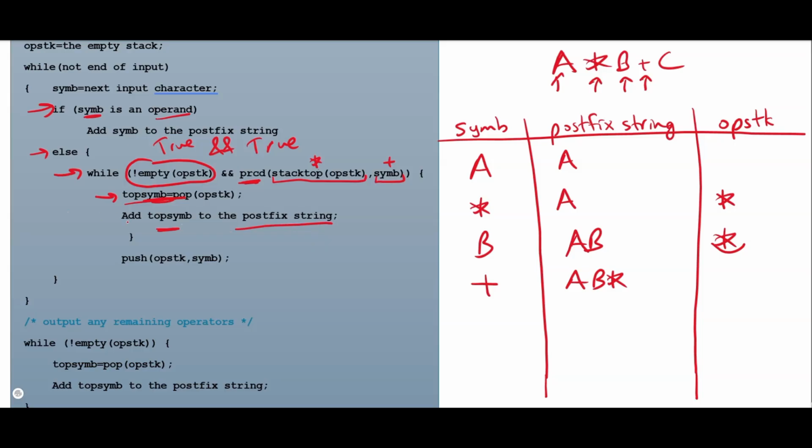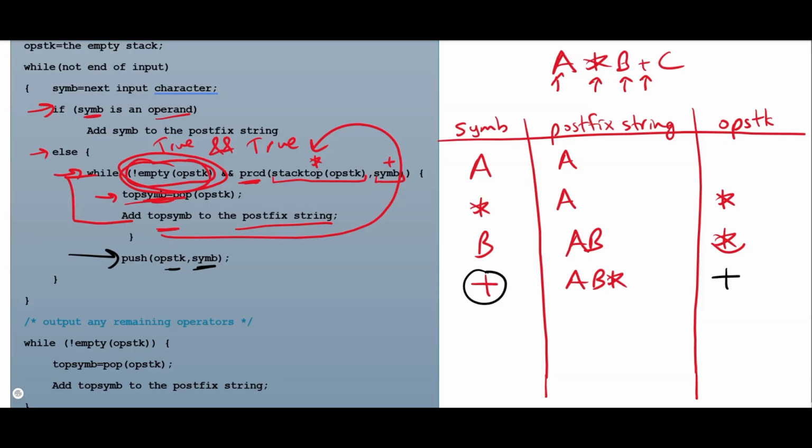Then I go up to the next loop cycle, but now my stack is empty, therefore it will terminate this loop. When this loop terminates, now I am here. I will push my symbol into the stack. What is my symbol? Plus. Now plus will be inserted.